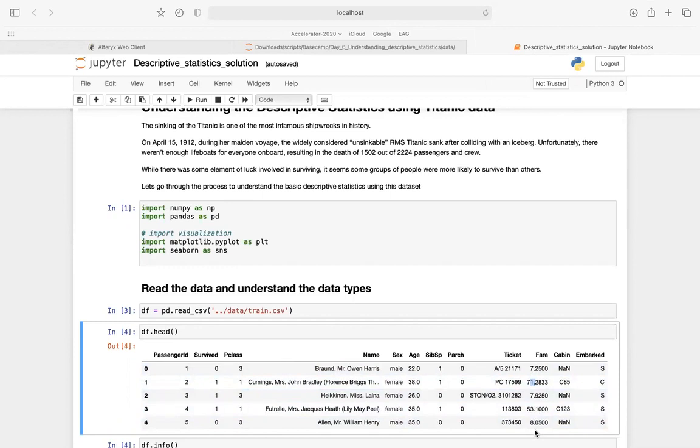The way you should read the data is quickly in these terms: the first couple of records give me the fare in the tens unit, like $7, 7 and 8. There are also records in the hundreds unit, like 71, 53 and so forth. And then I have cabin and embarked. So this is a pretty broad group of columns.